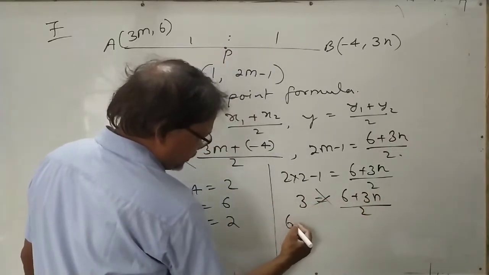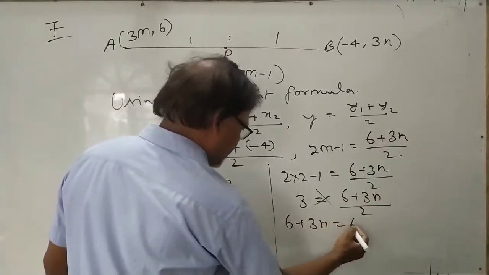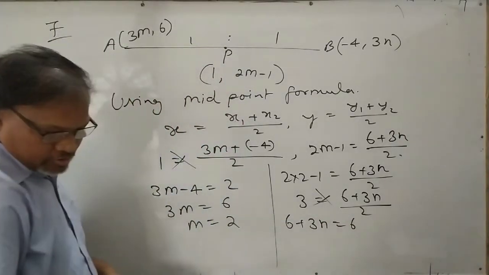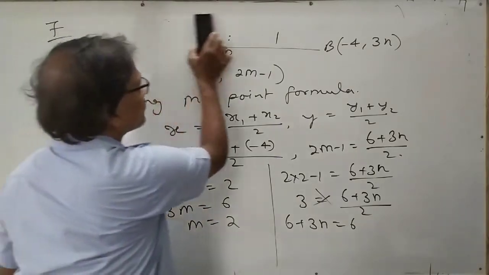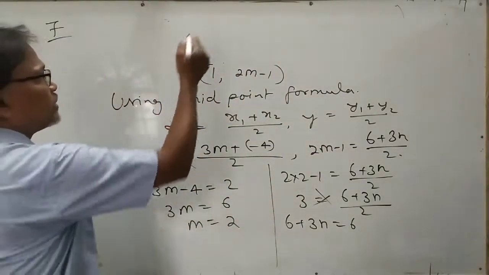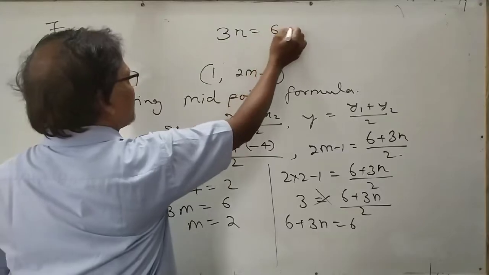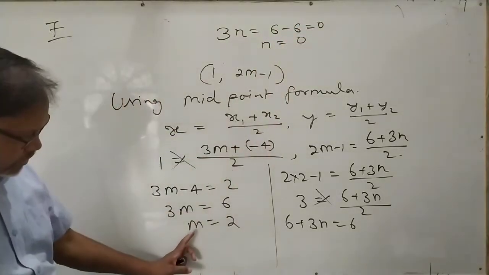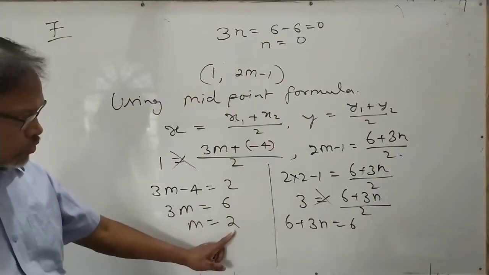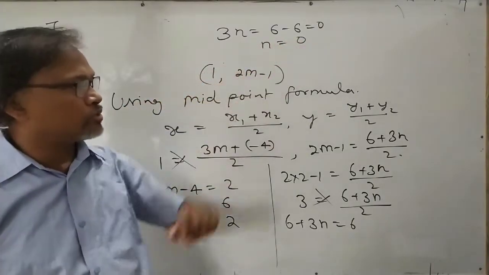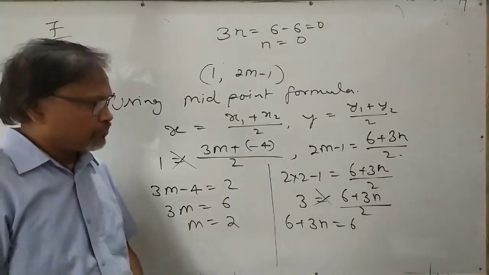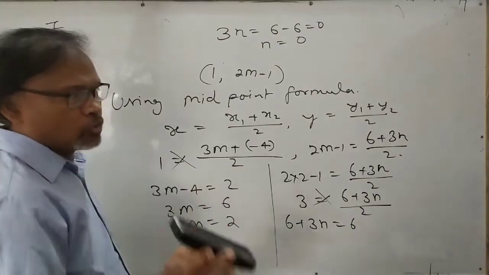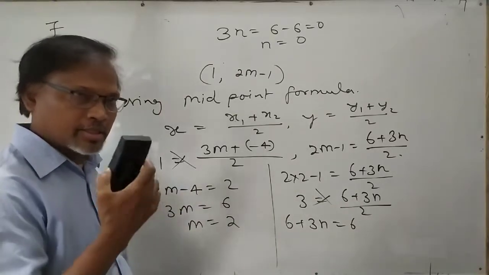Cross multiplication: 6 plus 3n is equal to 6, so 3n is equal to 6 minus 6, that is 0. So n is equal to 0. The values are m is equal to 2 and n is equal to 0. These are the values by using the midpoint formula. Simple way. If you know the formula, you can get the solution.